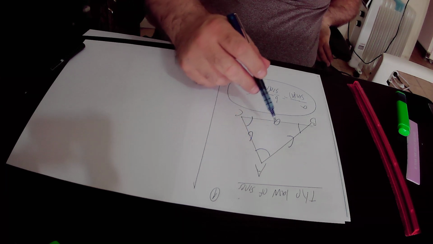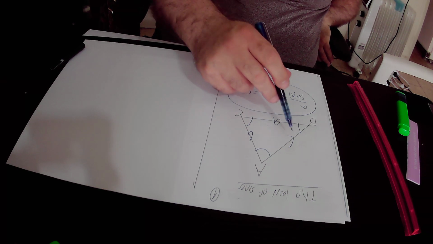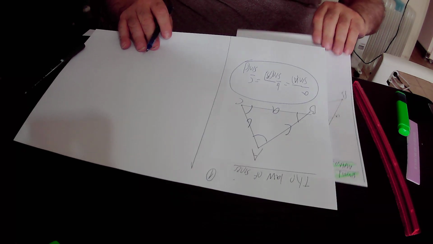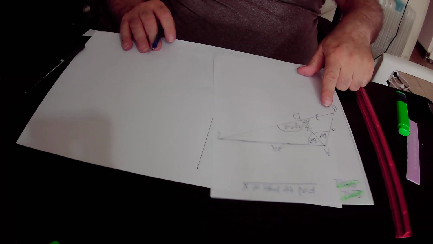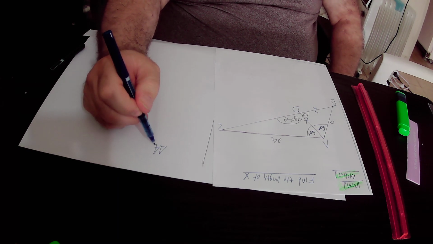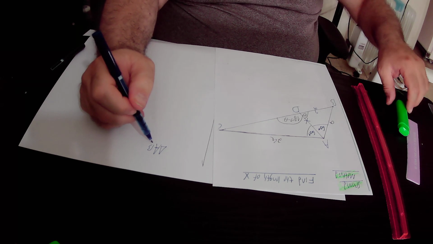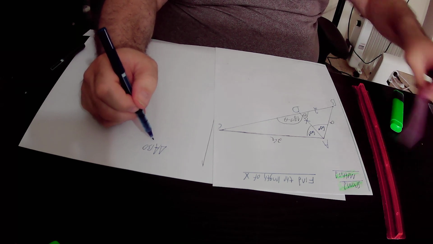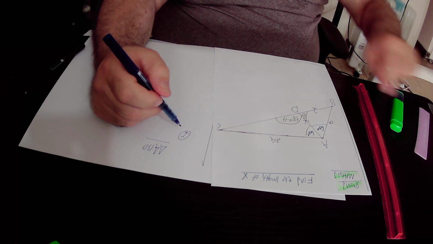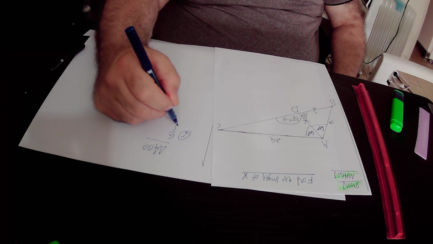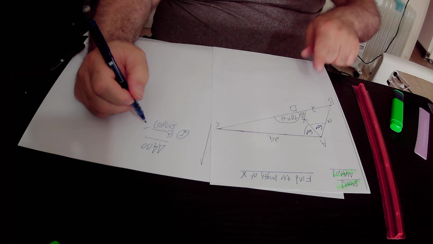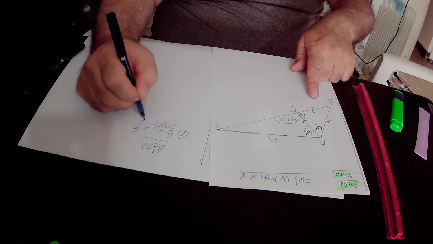Again, a over sine A equals b over sine B equals c over sine C. We will implement the law of sines in triangle ABD. In triangle ABD, according to the law of sines, we get that a over sine theta equals 2 over sine 60 degrees.